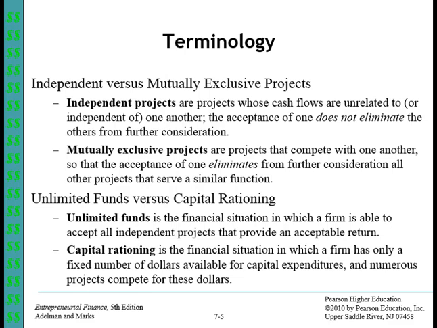The acceptance of one of these projects has nothing to do with any other project that we're considering. Mutually exclusive projects, though, are projects that compete with each other. When you accept one of these projects, it eliminates all the other projects in that set.